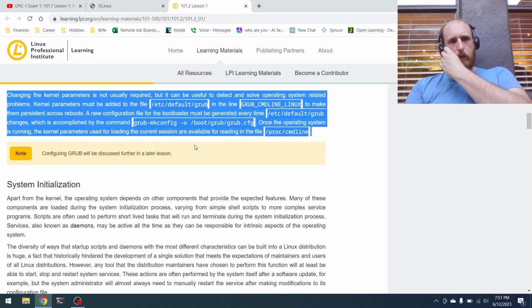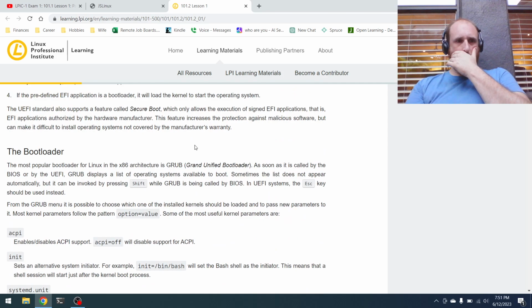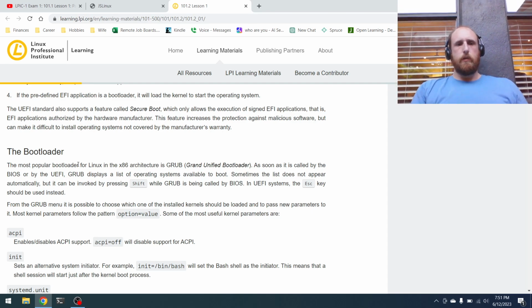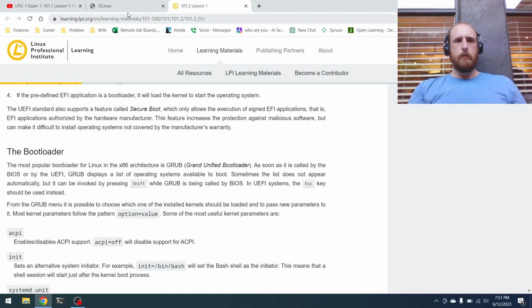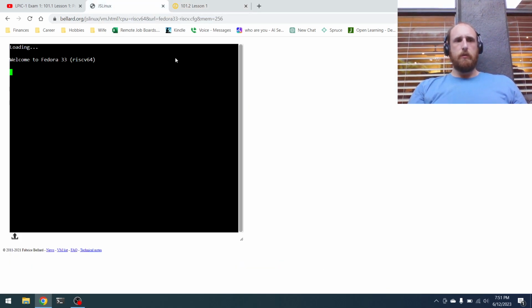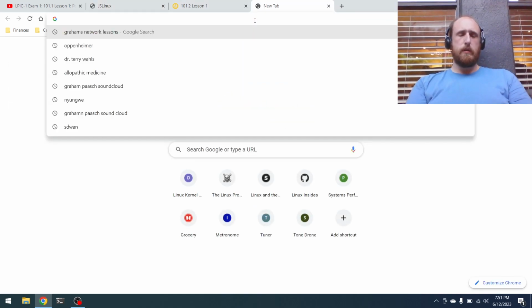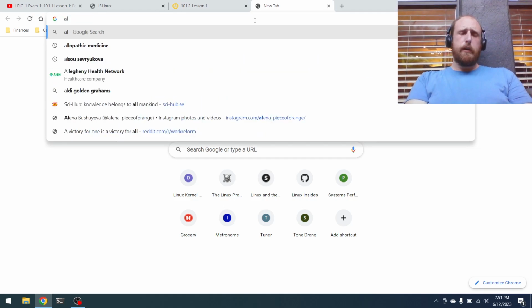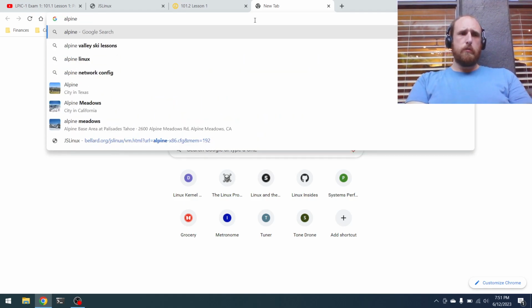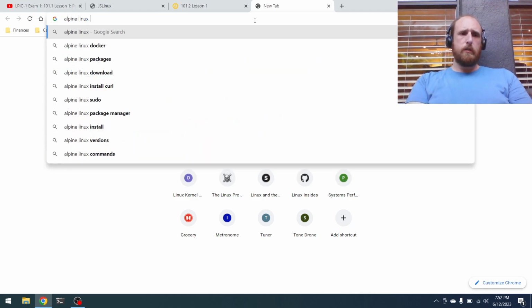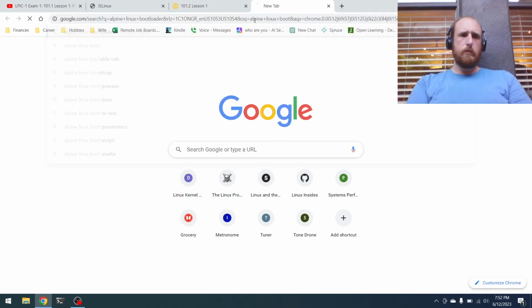And as it was mentioned, I believe this is simply the most popular bootloader. So there are multiple bootloaders that can be used. It could be the case for Alpine Linux distro, where Grub is not typically used as the bootloader.